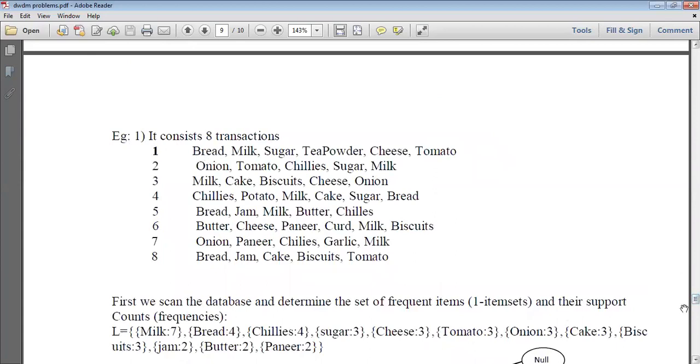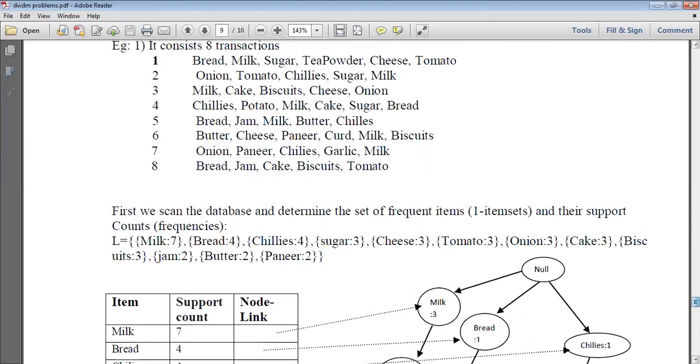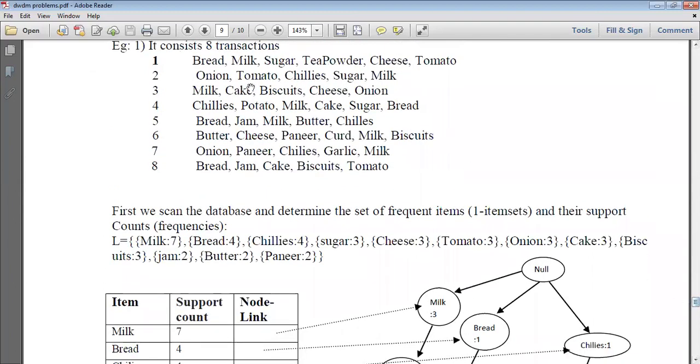In the null set, for the first transaction you consider bread. So bread you assign as 1, and the second one is milk. Milk is represented as 1.